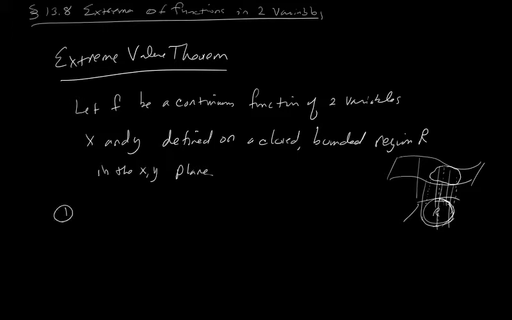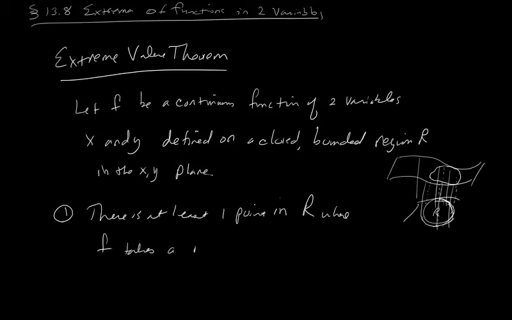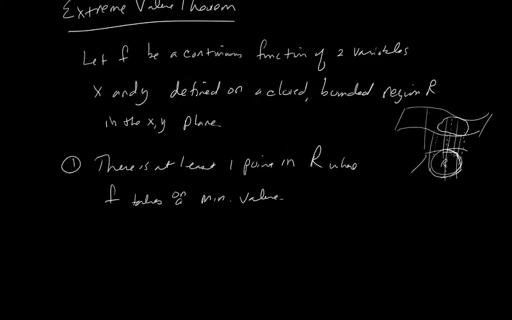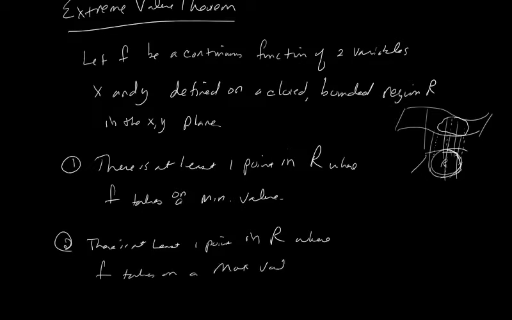Then 1, there is at least one point in R at which f takes on a minimum value, and 2, there is at least one point in R where f takes on a maximum value.